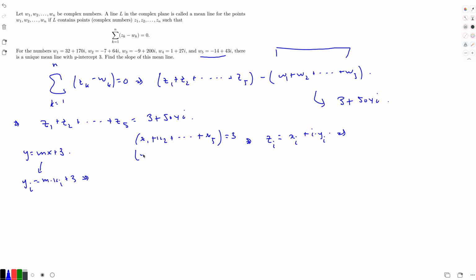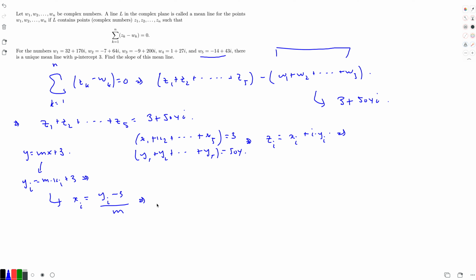And the sum of the yi's, y1, y2 all the way until y5, will be equal to 504. So let's implement this somehow. From this, I'm going to solve for xi. xi is nothing but yi minus 3 over m, right?